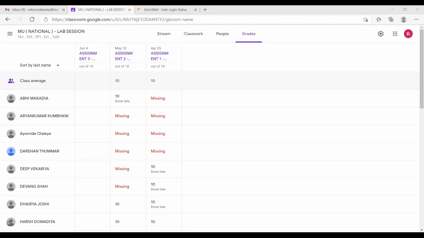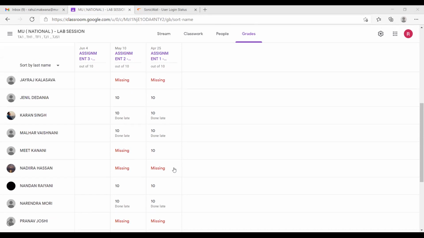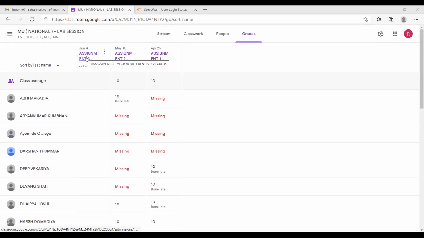These are the grades you have right now for assignment 1, 2, and 3. Suppose Abhima Kadia has done the second assignment, first is missing. Arya, Darshan, and many students have not yet done. Nadira Meet is missing the second assignment. And the third is not yet submitted by any of the students.